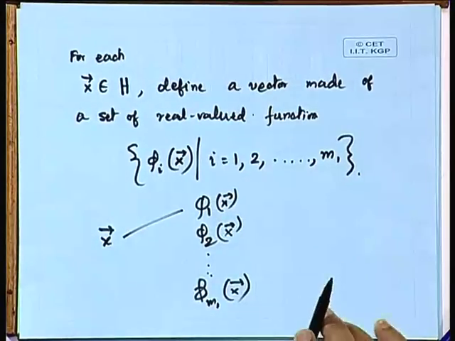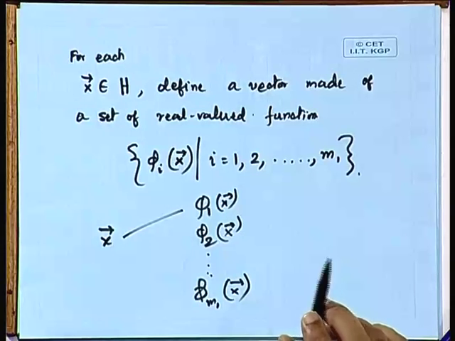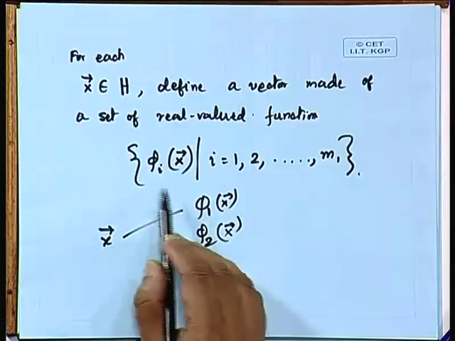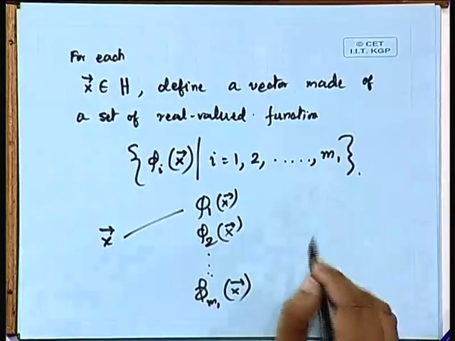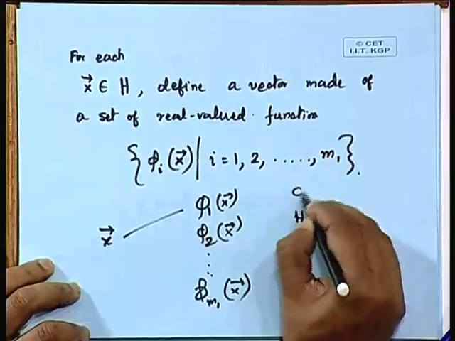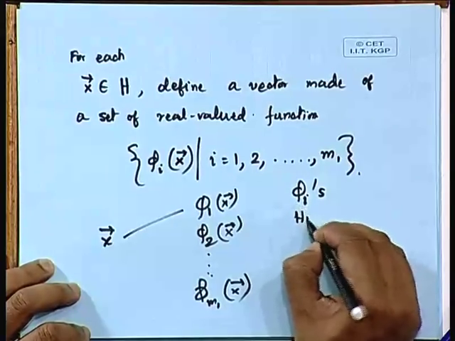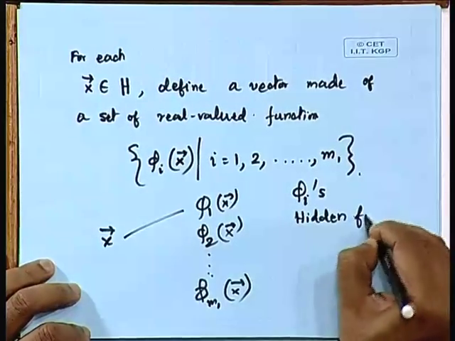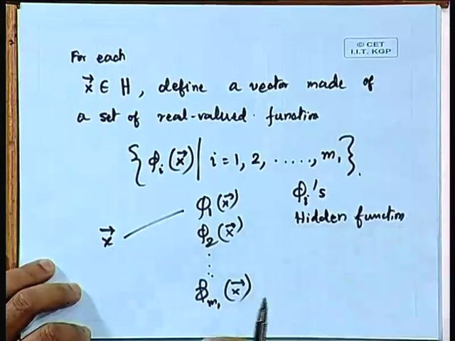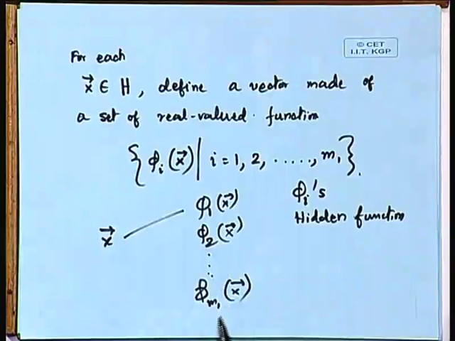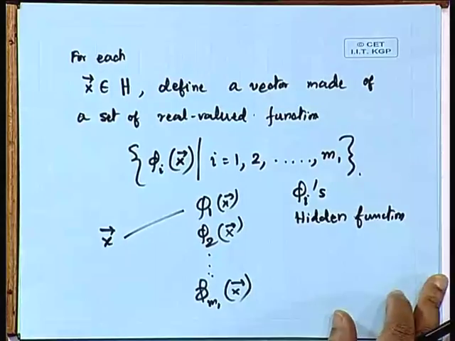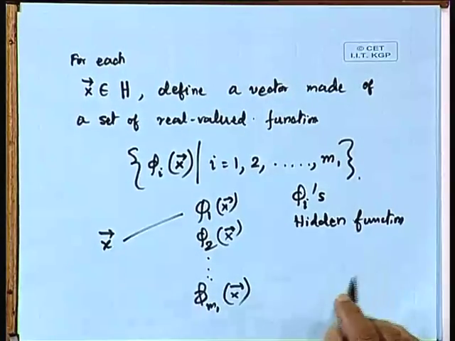Now, we refer to these phi i functions as the hidden functions, because they play a role very similar to the hidden units in the multilayer perceptron. Now that we have got m1 different real valued functions available, that essentially spans a space.